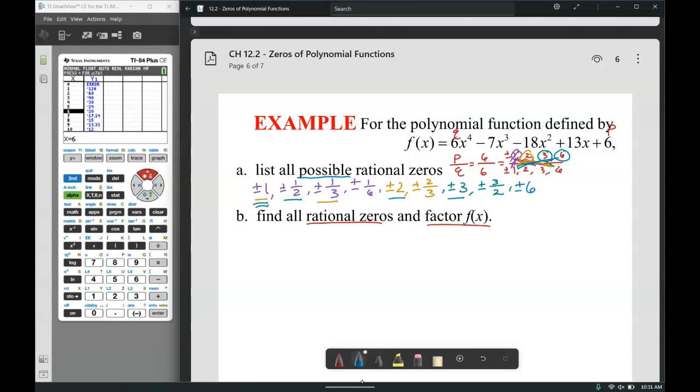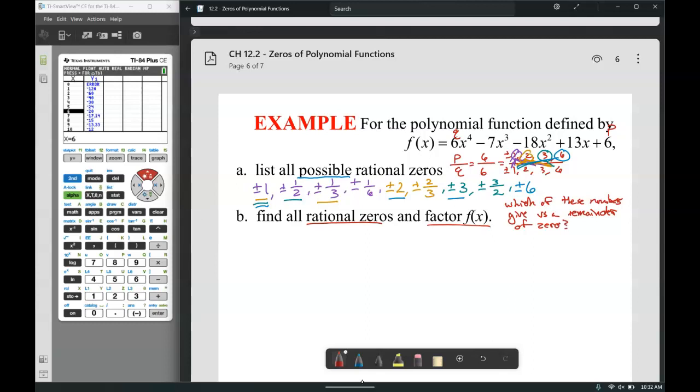In order to find the actual rational zeros, we have to use the factor theorem, where we do synthetic division with these numbers and figure out which of these give us remainders of 0.